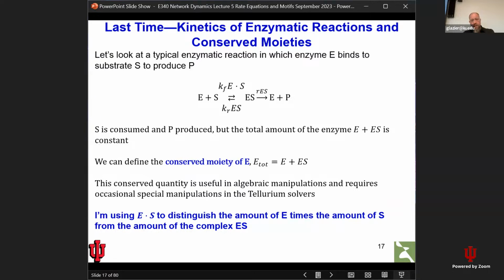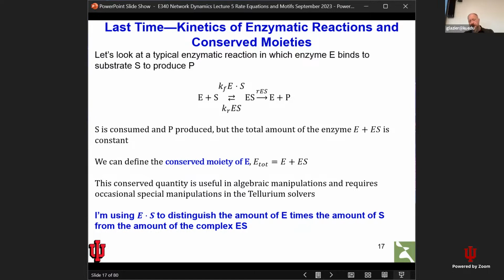And the key thing here is what we call a conserved moiety, which is the total amount of enzyme. Free plus bound enzyme together is conserved. It doesn't change. And so E plus ES is a constant. We can call that E total if we like. If we started out with no complex, no ES, then that amount is just the initial amount of E, E0. But in principle, we could have something else.